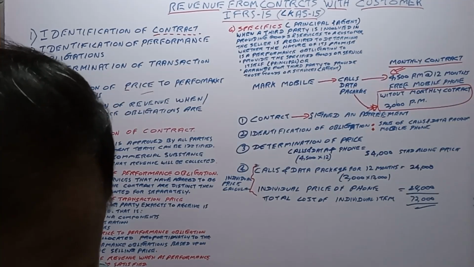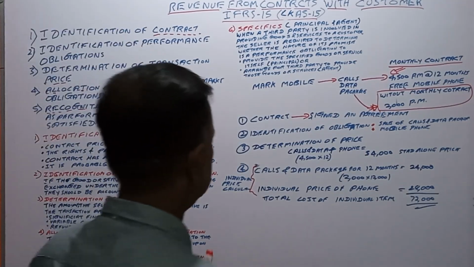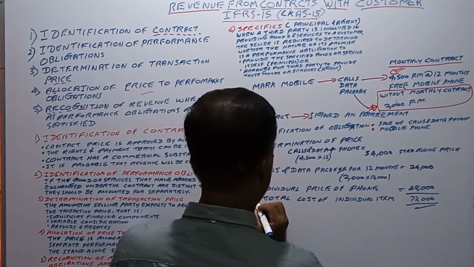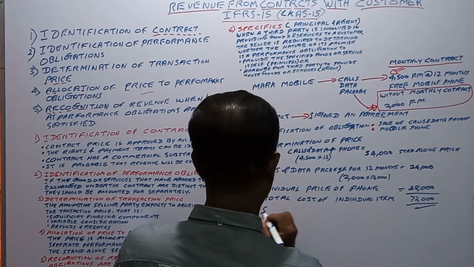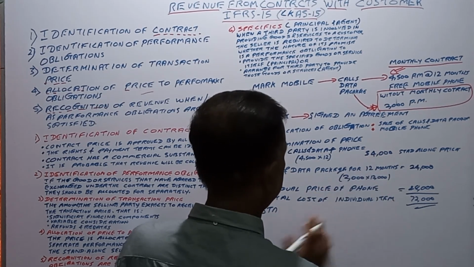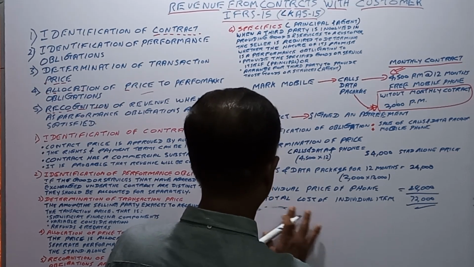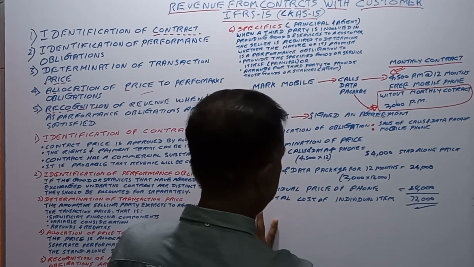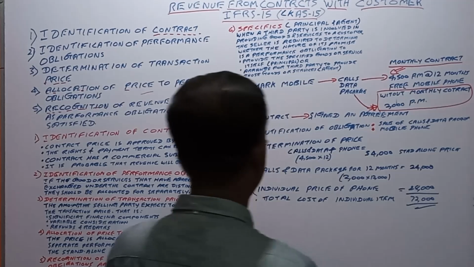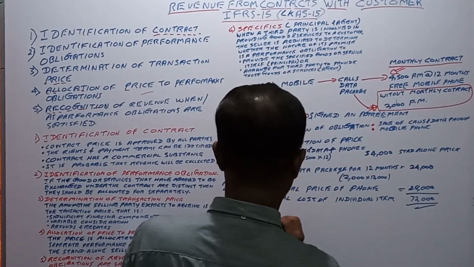Individual price, and this is total individual price. Then standalone price is there for 54,000, right? 54,000 standalone price.